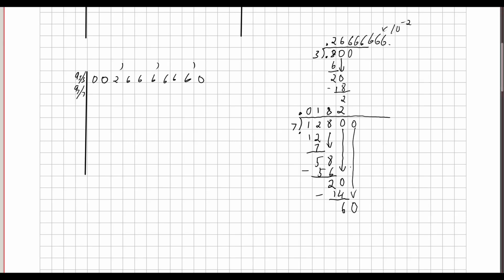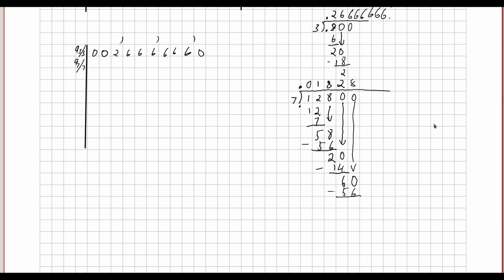Again, that will be 8, because 7 eights are 56, and that's 4. Drop that down, so 40, that will be 5. 5 sevens are 35, so 5.